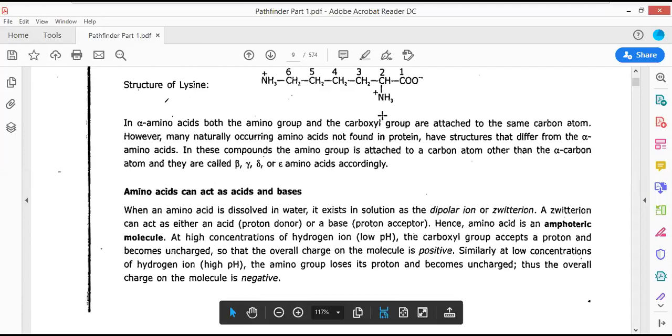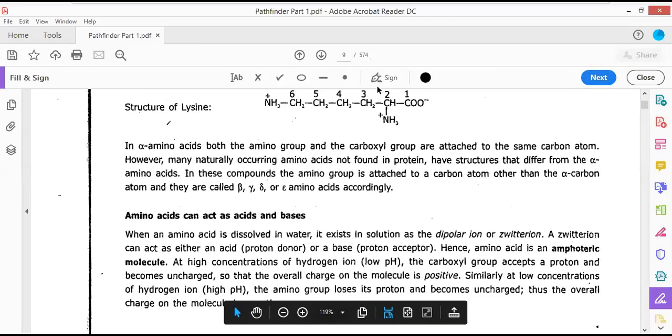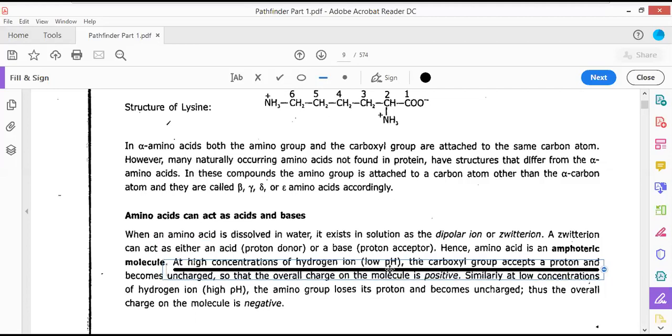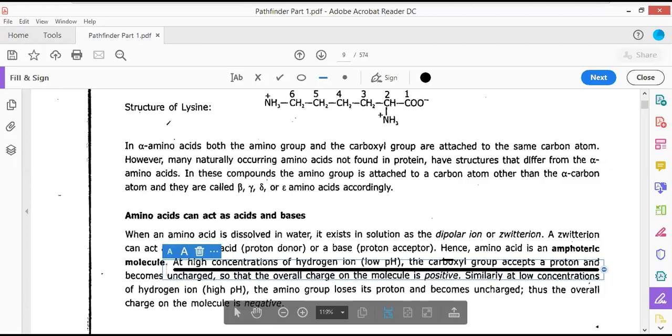If a change is going to take place, then that compound is going to oppose that change. Then it is referred to as a buffering molecule. So at high hydrogen ion concentration, when there is low pH, the carboxyl group will accept a proton and try to maintain the pH.